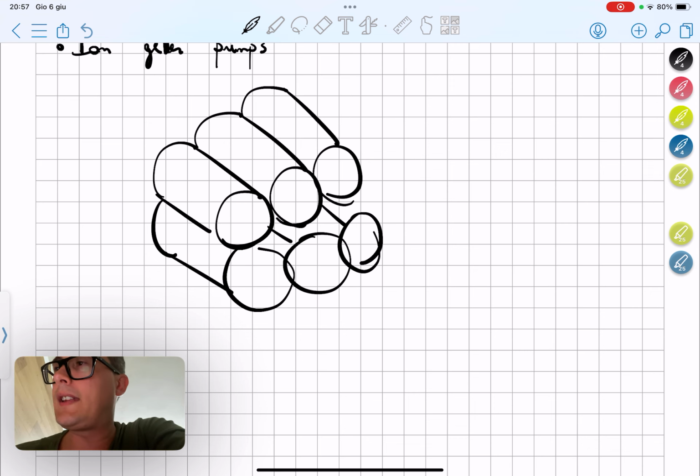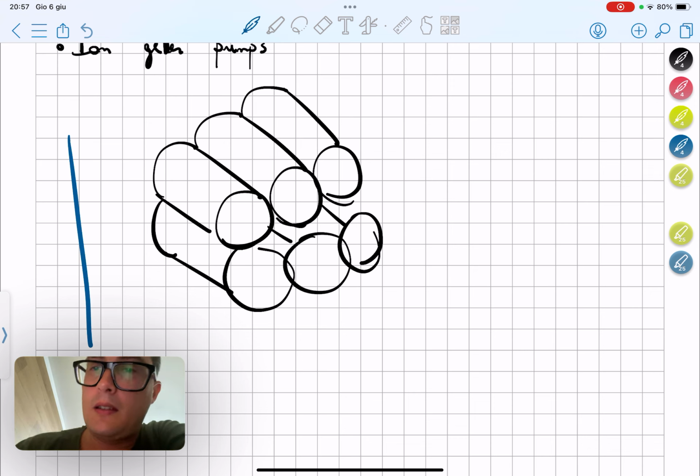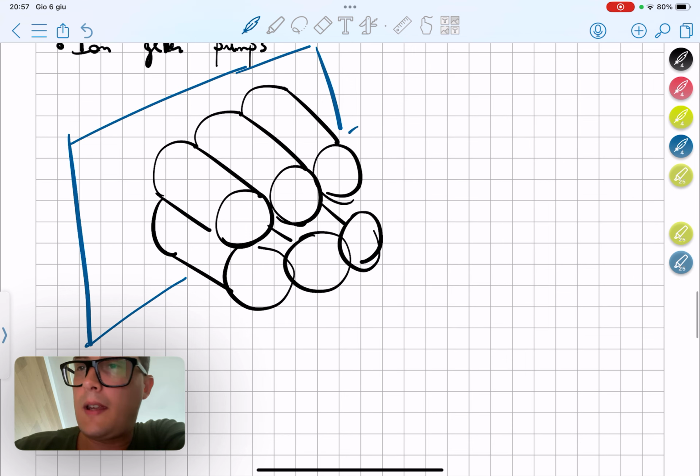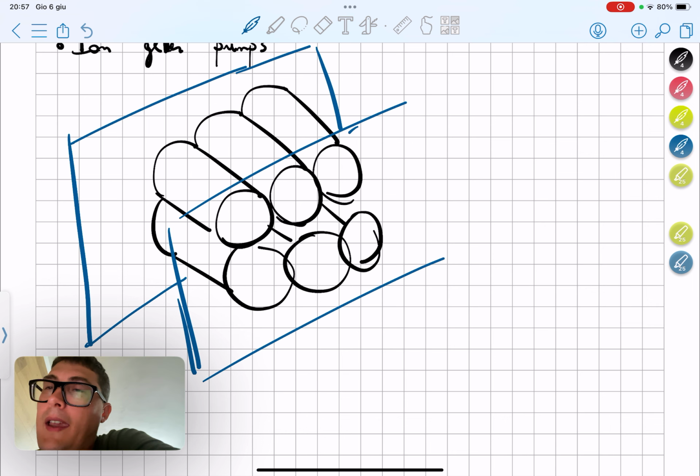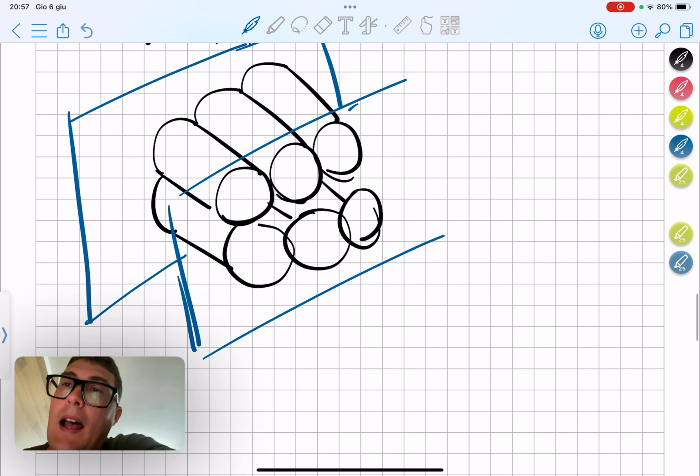The cathode instead is a plate, which is here, and there is also one here. So the blue one is the cathode, and the black honeycomb-like structure is the anode.